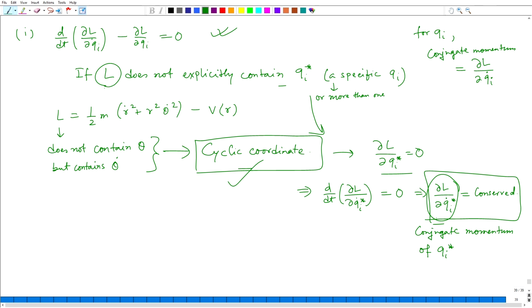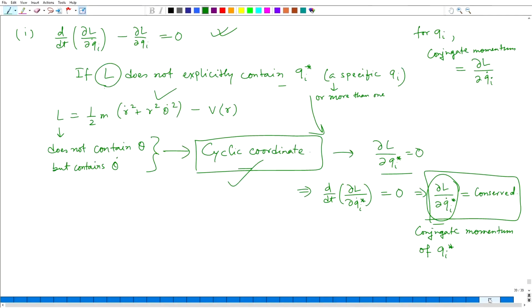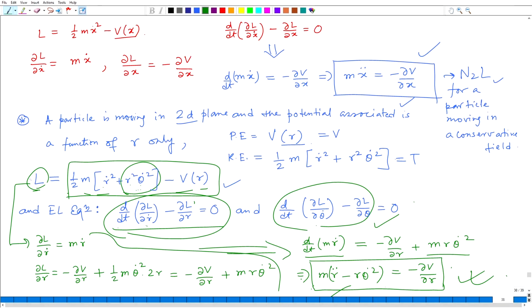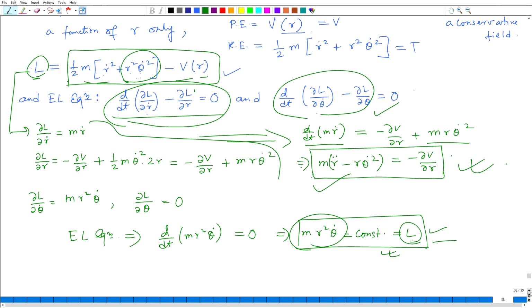You see in this problem theta is a cyclic coordinate. So, its conjugate momentum, since theta is an angle, and if you think that theta is a generalized coordinate, then the corresponding momentum will be angular momentum, and that is exactly what we get from this one.